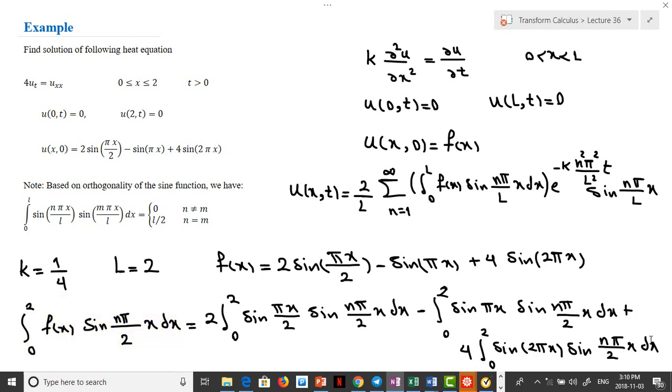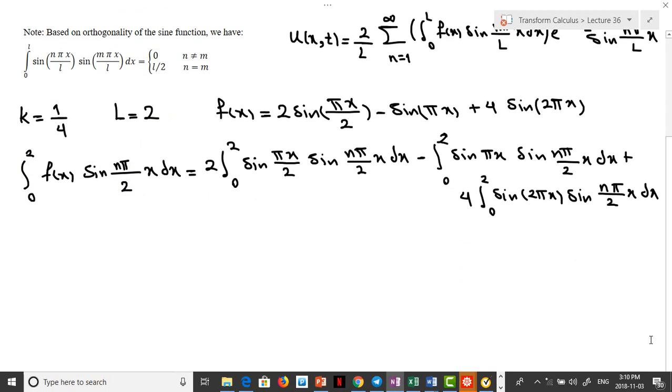So let's solve these integrals. Based on the orthogonality of the sine function, the integral from 0 to L of sine n pi x over L sine m pi x over L dx is equal to 0 if n is not equal to m, and it's L over 2 if n is equal to m. Let's find the first integral.